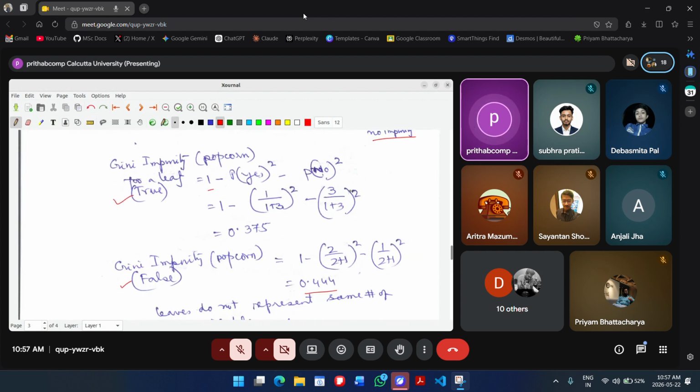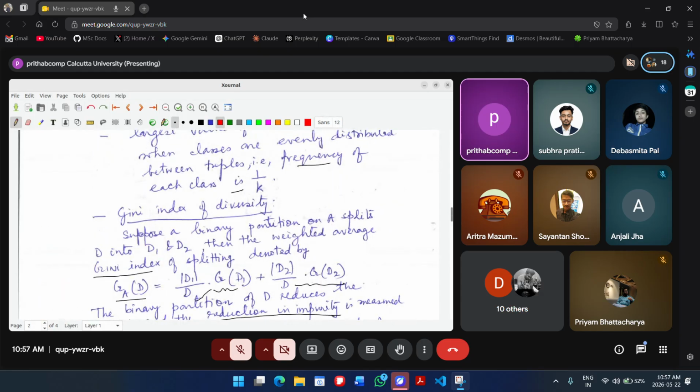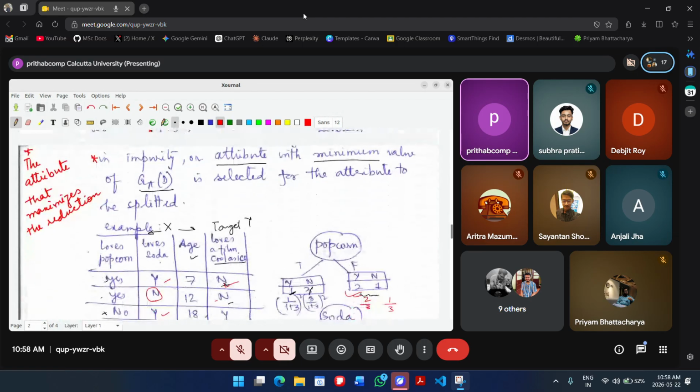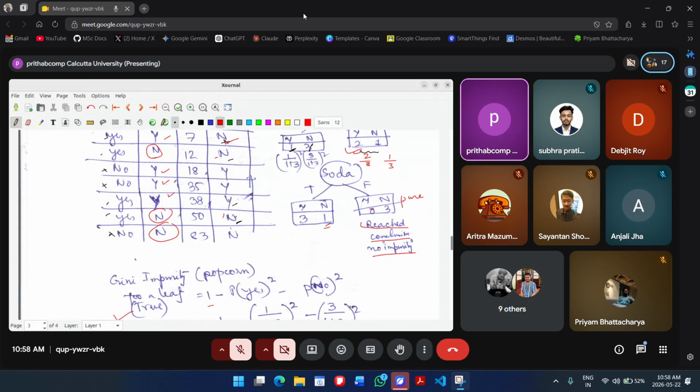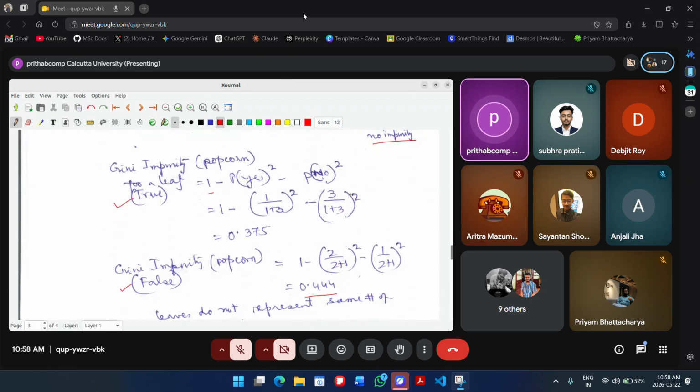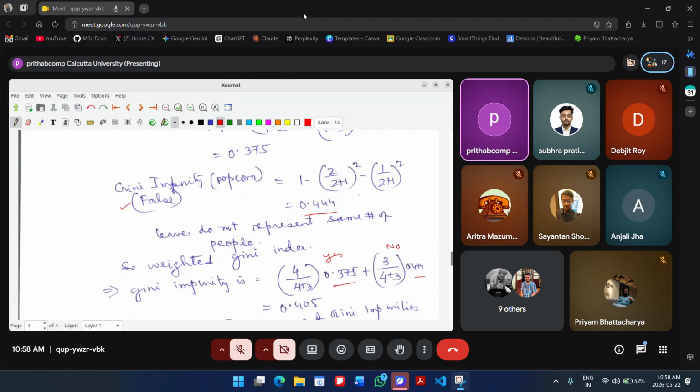If you remember what was weight, it is this D1 divided by D and here D2 divided by D. So if you look at that, what was D1? D1 was 4 in this case. So it is 4 and altogether 7 entries are there. So 4 plus 3. So denominator will be the same for both.